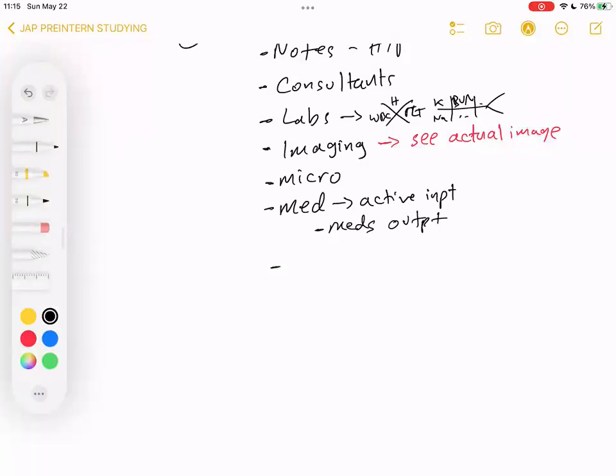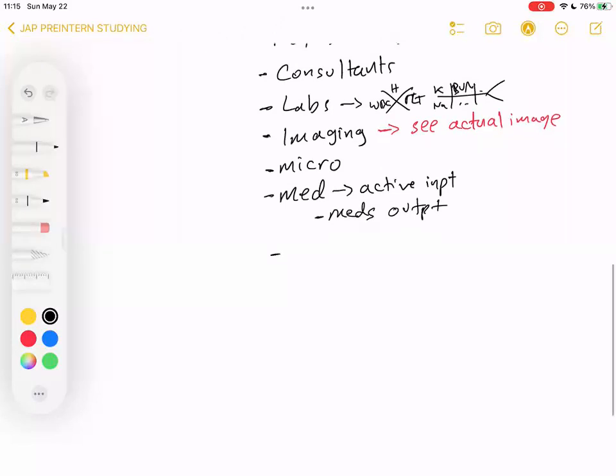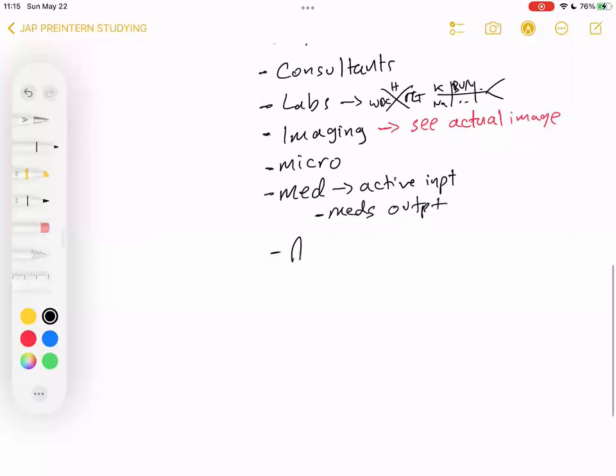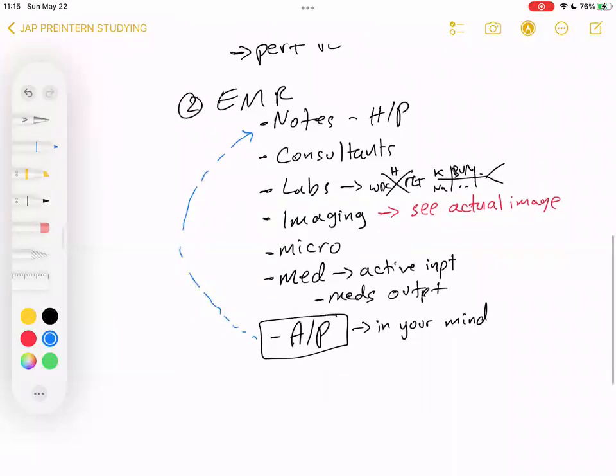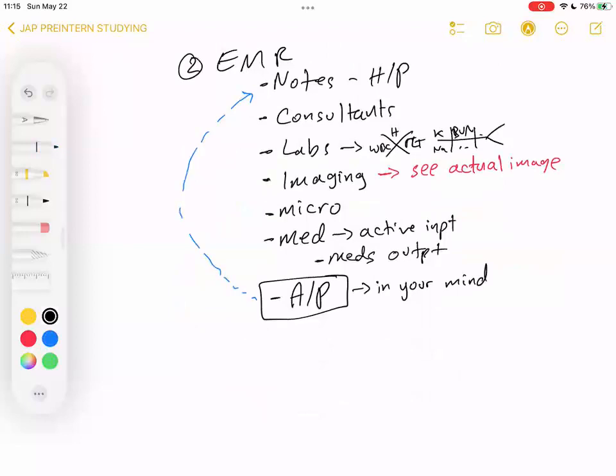And then finally, any other issues, and then finally what you want to formulate in your head is an assessment and plan, because this is really the important thing. Obviously, you can reference the assessment and plan that was already written in the note before you, because a lot of times it's not going to be different. But sometimes you might disagree with the person who admitted the patient overnight, and then you can say, okay, this is what I think.